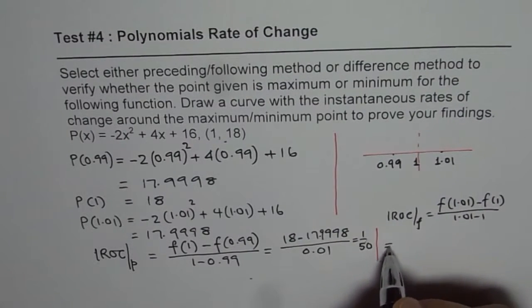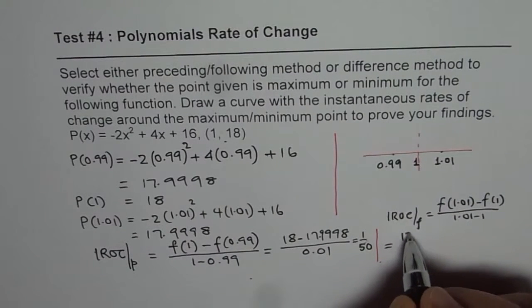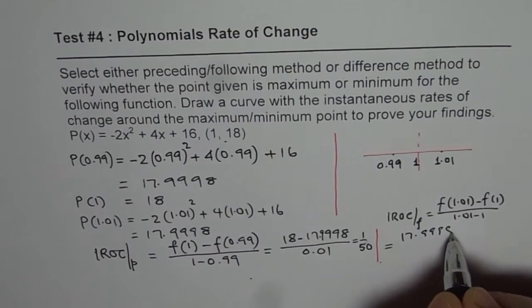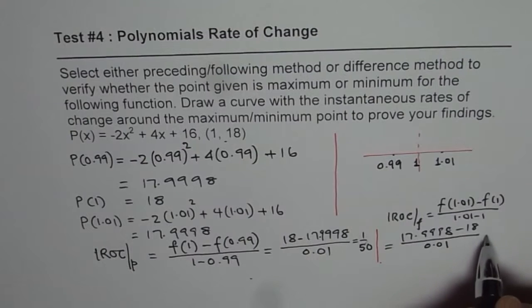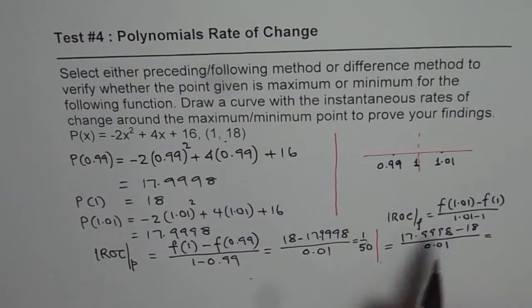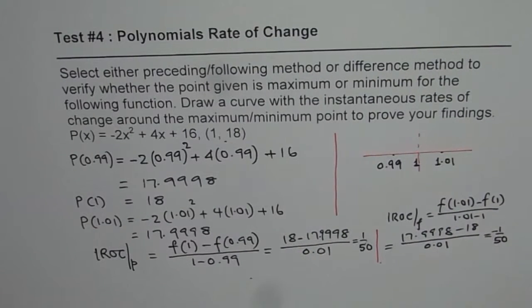So this gives us 17.998 minus 18 divided by 0.01. Now that gives us a negative answer. Do you see that? So it is 17.998 minus 18, so of course this is negative 1 over 50.